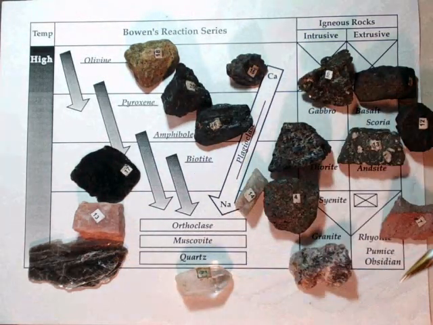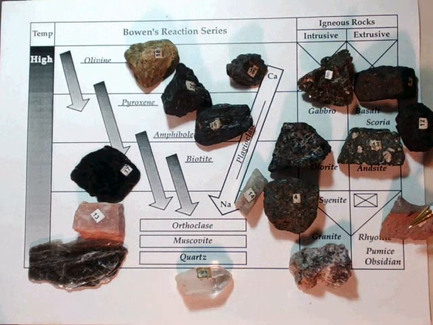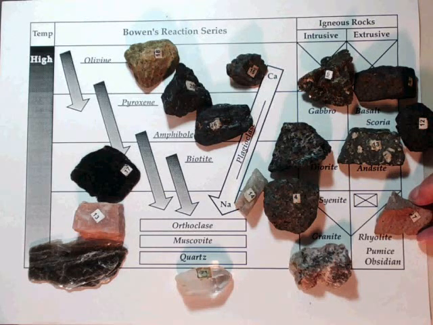You can't really make out any individual crystals. So that was a very fast cooling rate, giving it small mineral crystal sizes, but we would call that a rhyolite.